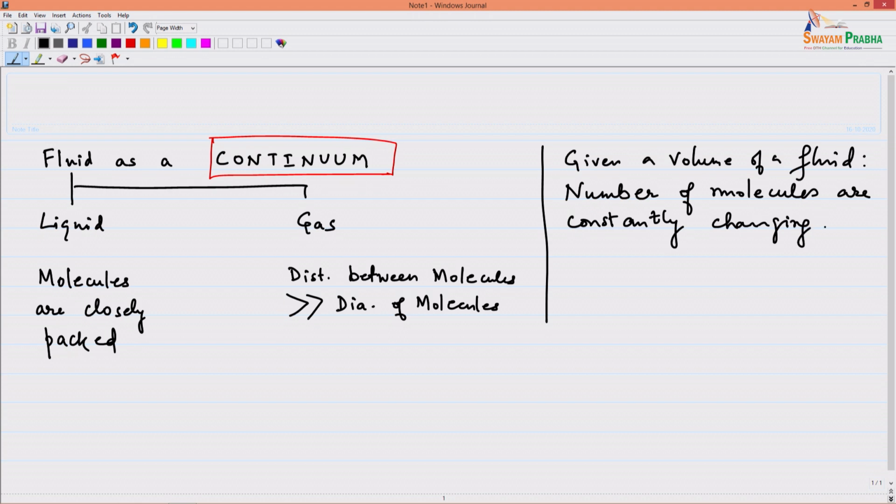Might as well also write here that molecules are always in random motion anyway.